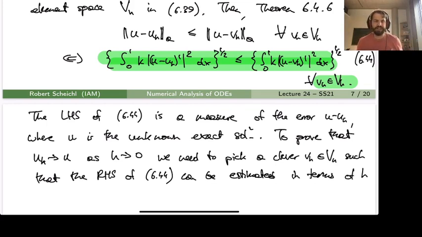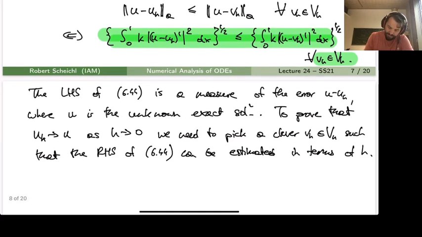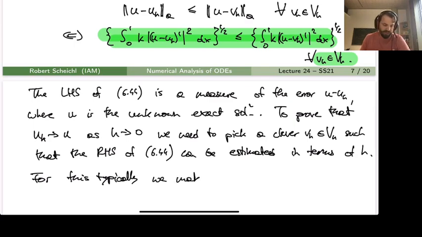and in that way we also get an order of convergence. We don't only get that it does converge, but we also get how fast it converges as h goes to 0. And now for this, typically we go back to Numeric 0 and say, what do we know about approximating functions by piecewise linear functions? Well, we can use interpolants.